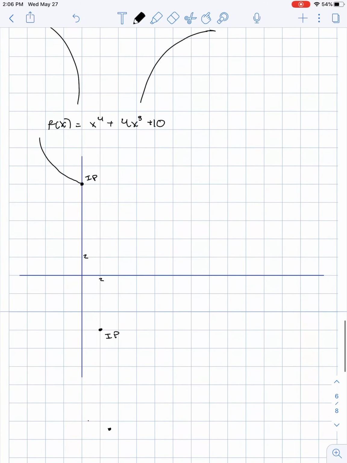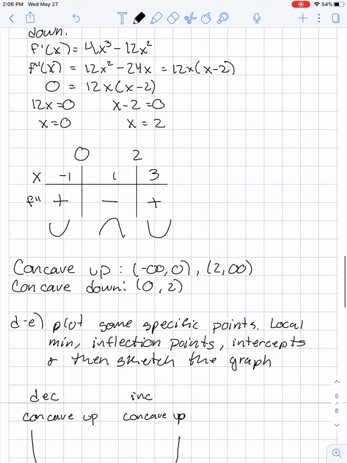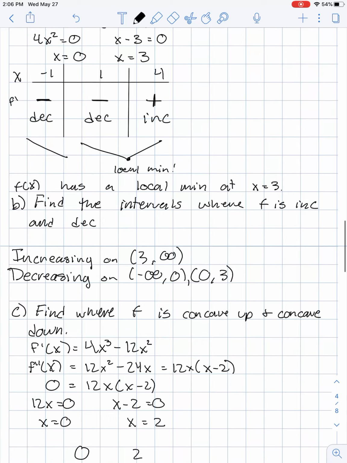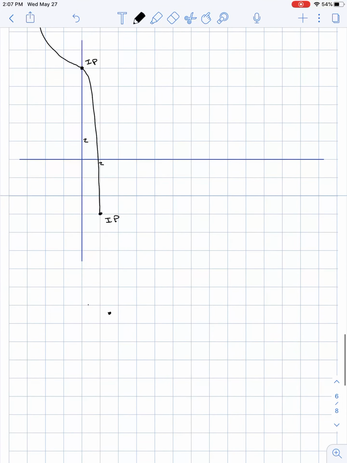So it's going to kind of look like, beautiful. And then after 2, we're concave up for the rest of the time. And we're going to be decreasing until 3 and then increasing after 3. So now we're going to kind of make like a cup and then go up and up and up.